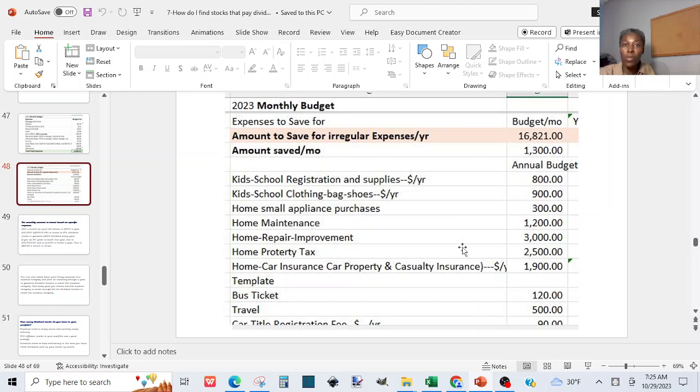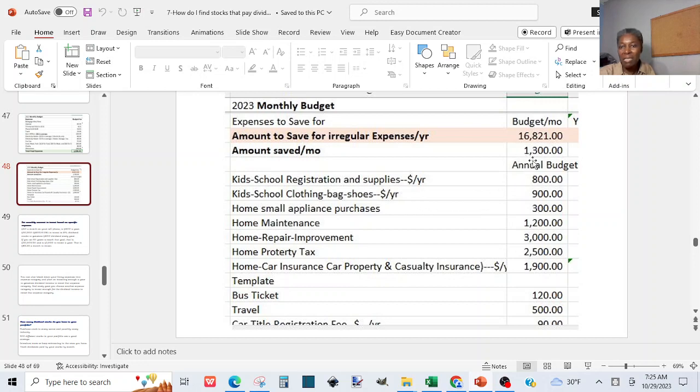I like to call them irregular expenses, not emergencies, because they are expenses that could hit your account during the year, not on a monthly basis, but at some point during the year. And you want to see how much a year you can spend on each one of those categories, and total them and divide by 12 to find the average to save every month.